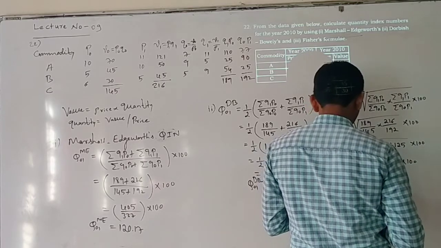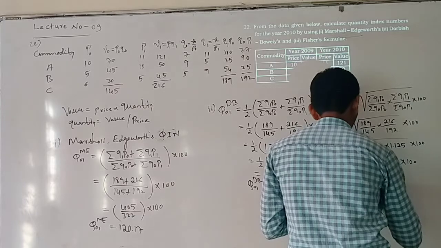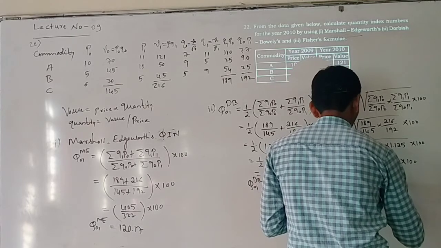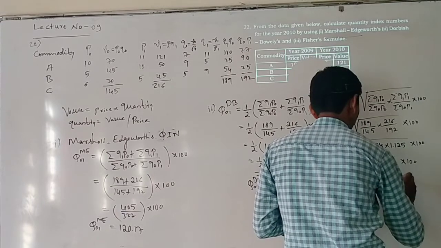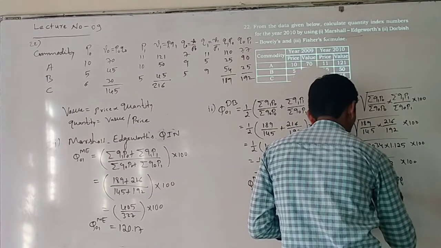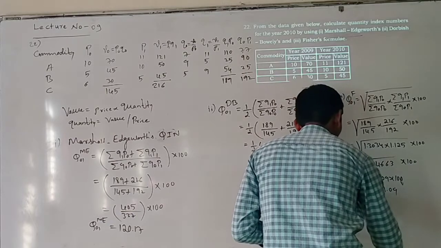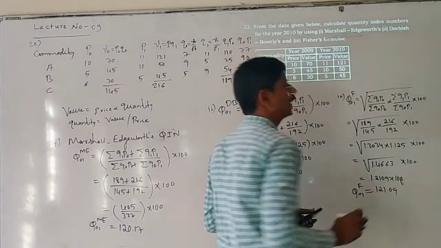Under root of this is 1.2109 into 100. Then we get 121.01. It is Fisher's quantity index number.